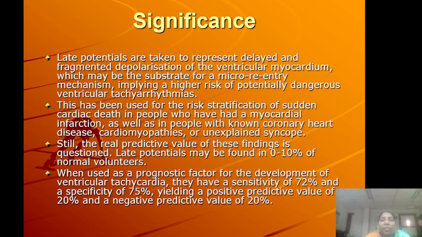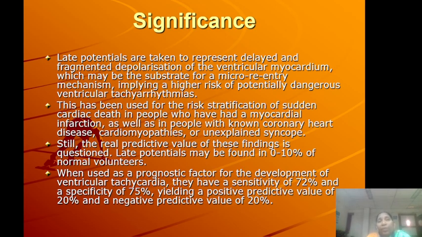Then what is the significance of the signal average ECG? We can predict the late potentials, or delayed potentials due to the depolarization of ventricular myocardium, or we can identify any risk or dangerous situation due to ventricular tachyarrhythmias. Tachyarrhythmias means the ventricles are doing the pumping action at a very fast rate.